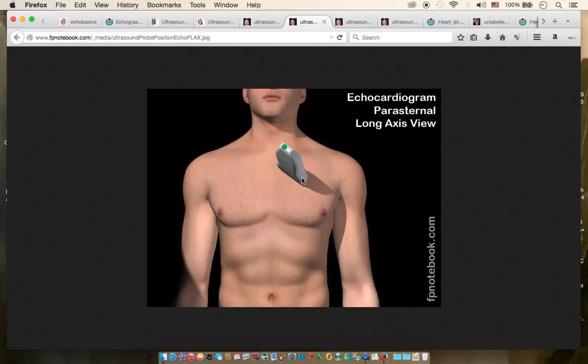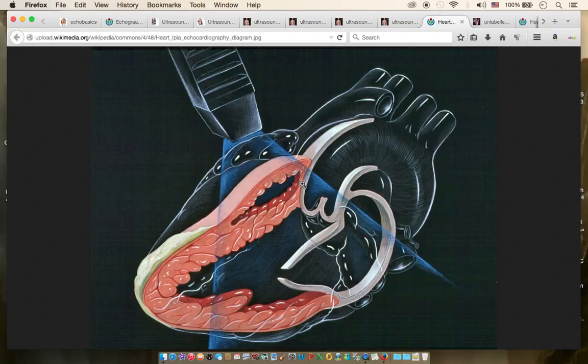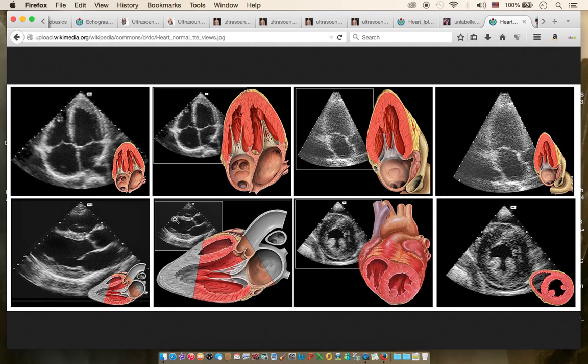When you do that, you can get the picture of the parasternal longitudinal axis, and this is the picture. Again, this is the parasternal longitudinal axis, and this is the real picture from the echo.